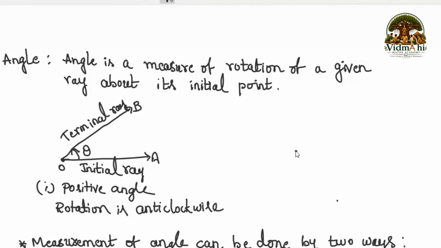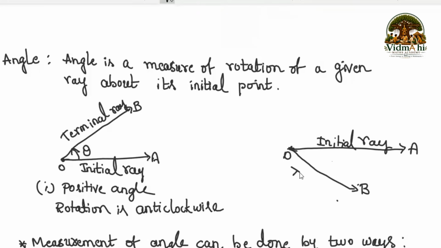Now, if you consider a ray, initial ray OA, and then this is OB. OA is the initial ray and OB is the terminal ray.